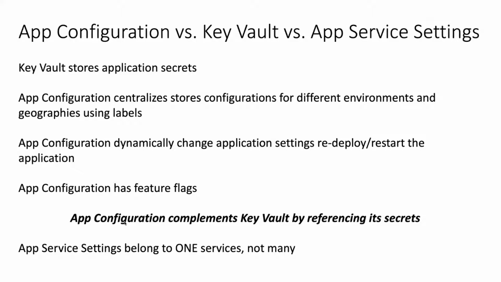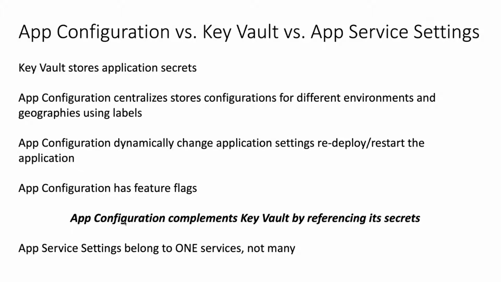When it comes to app service settings, those settings in app service are also just key value pairs, but they are only available for app service, not for other tools. And as I mentioned in the beginning, the key value pairs from app configuration you can use for many services or many tools, and this is not possible with app service settings.